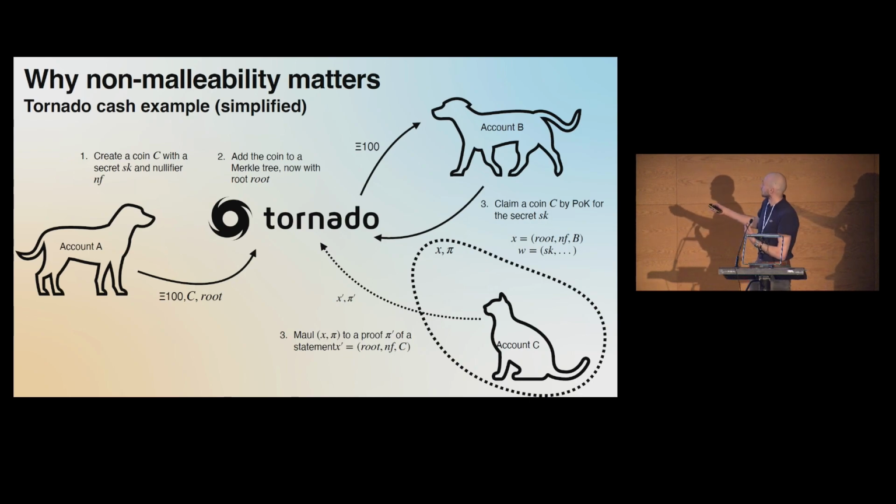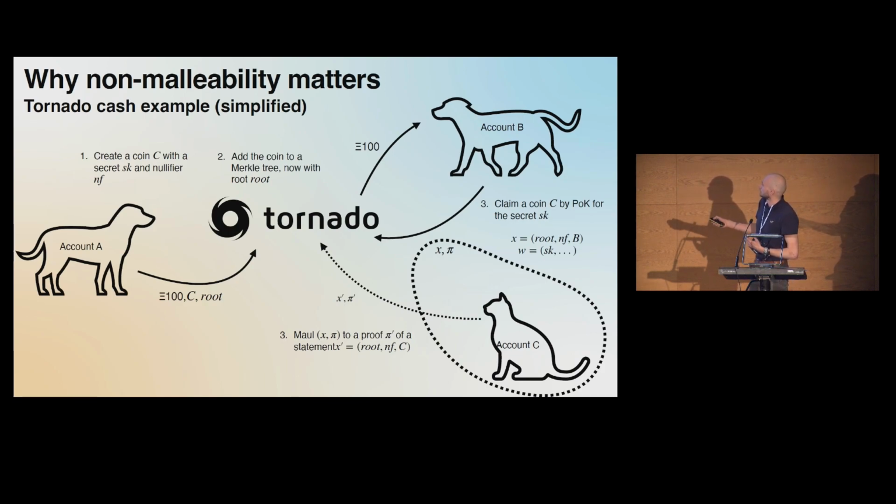Okay? So it is very important that this B is here. And the witness is basically all the secrets this account created while depositing the funds.